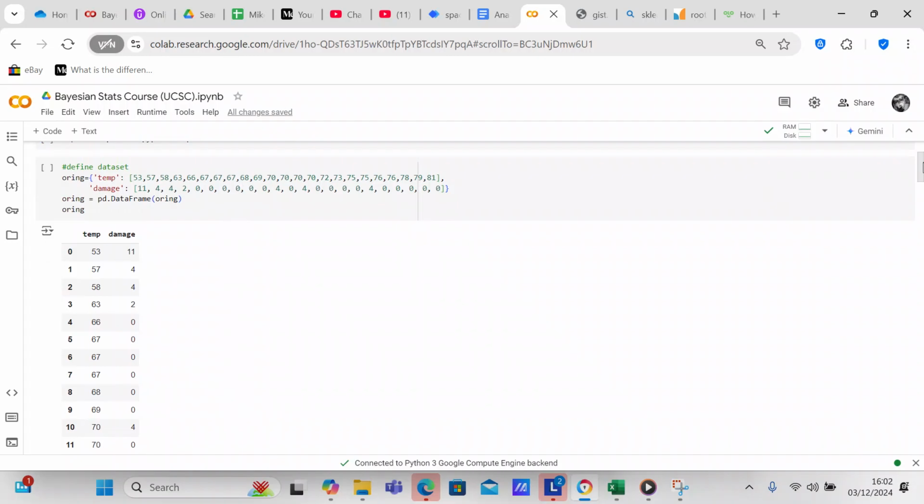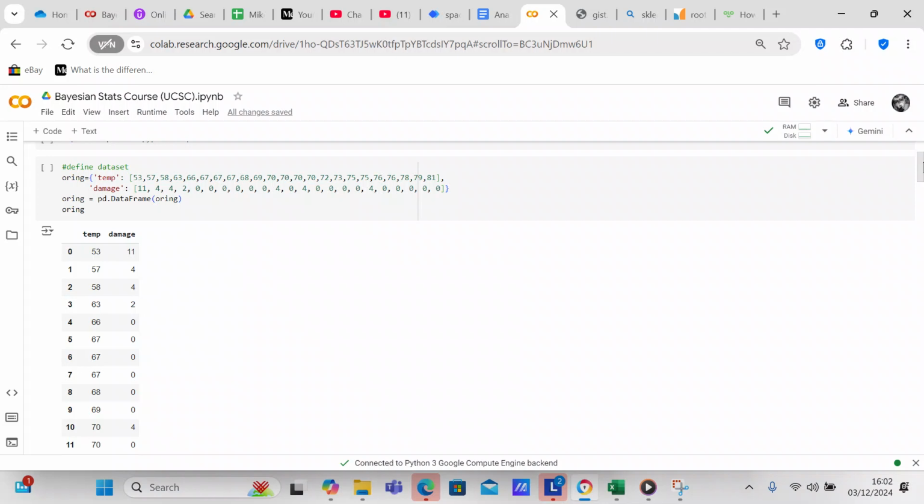I copied the data from the Bayesian statistics course and typed it by hand. But since it's not a big data set, it wasn't that time consuming.